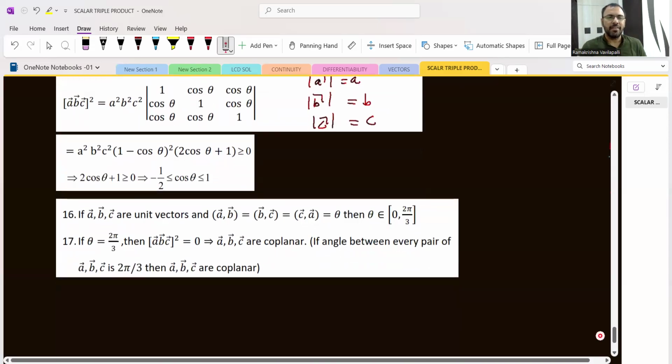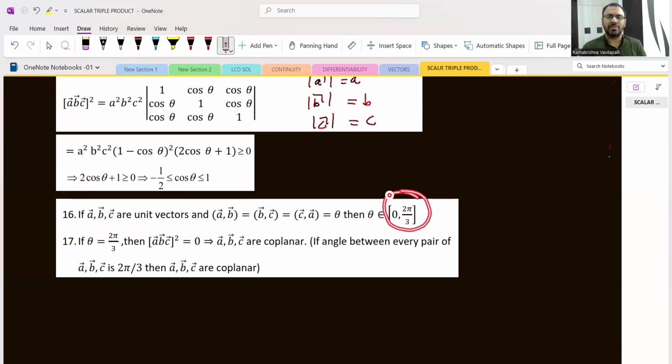So, if the angle between A bar, B bar, B bar, C bar, C bar, A bar is equal to theta, where theta belongs to 0 to 2 pi by 3, because this must always be positive. So 2 cos theta plus 1 must be positive.